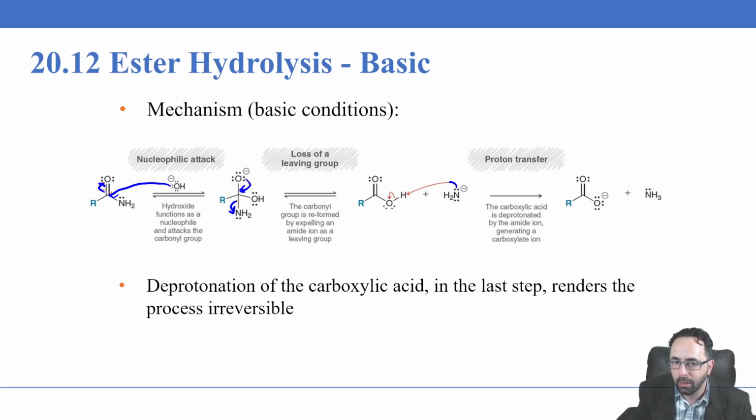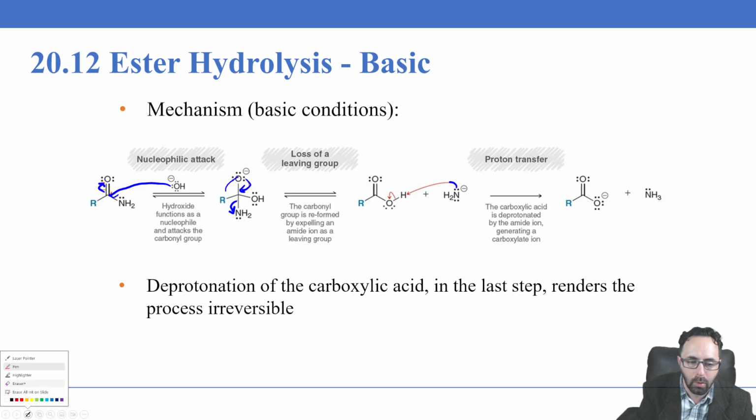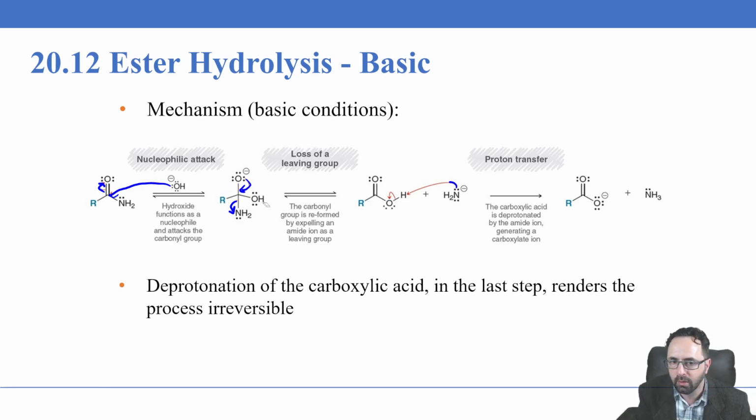the carbonyl being recovered here, so we can see that this oxygen here is now going to have a double bond to the carbon, and it will no longer have three lone pairs, it will only have two. And so what that's going to do for us is get us our carboxylic acid, because we still have this alcohol group here attached to the same carbon. So now this can very easily be deprotonated by this very strong base.